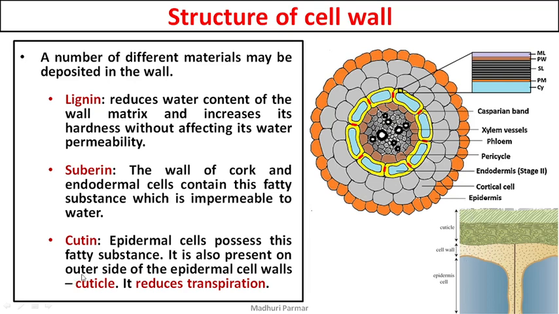If it is outside the cell wall, it is called cuticle. This cuticle will create a layer and it will reduce the transpiration. Transpiration is loss of water in the form of water vapor. So it will avoid the loss of water as water vapor, or what is called transpiration. Clear?